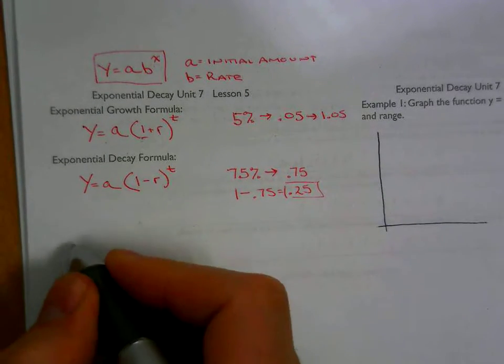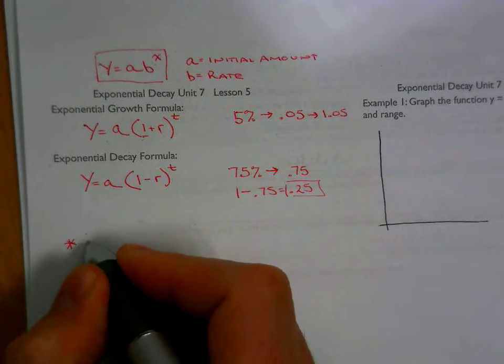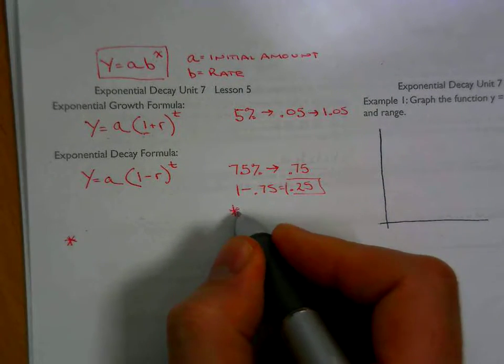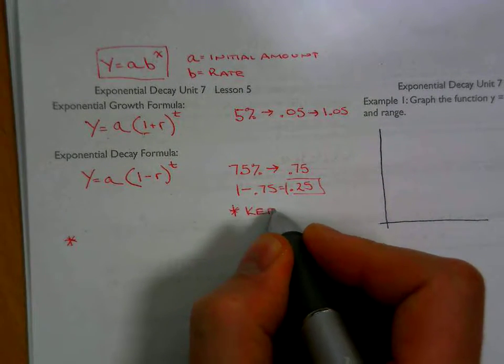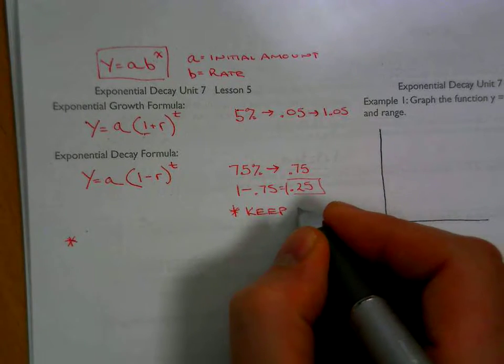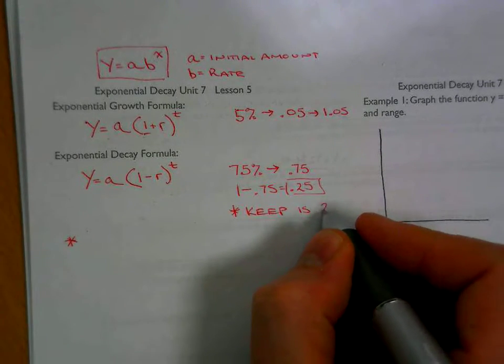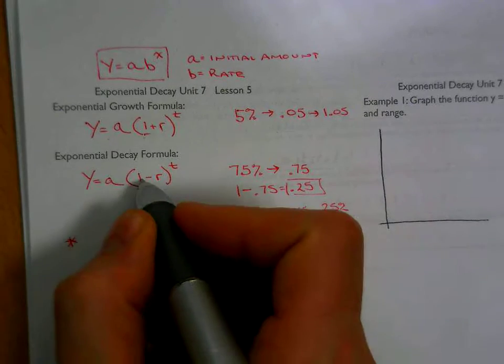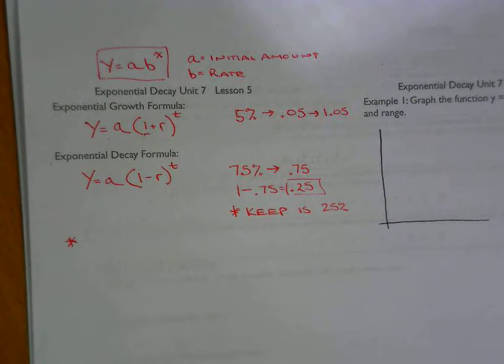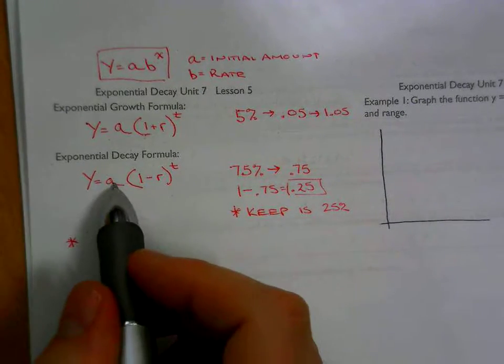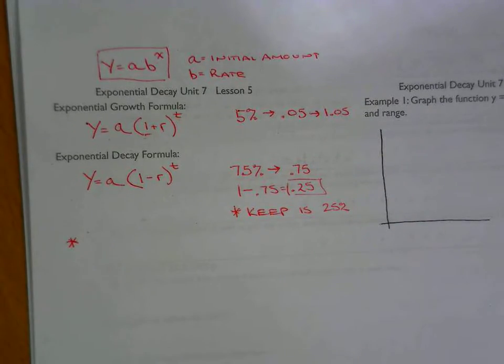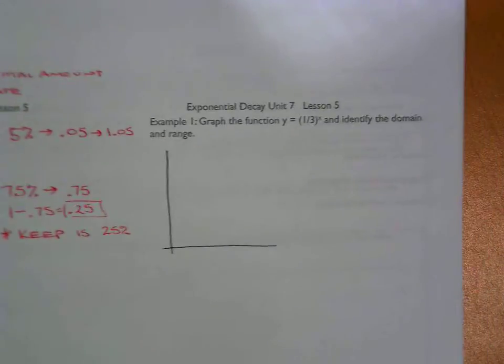So the key phrase here is that how much remains is 25%, and that's what this 1 minus the rate does for us. The a is still the initial amount, and the t is still time. So it's just some of the basics.